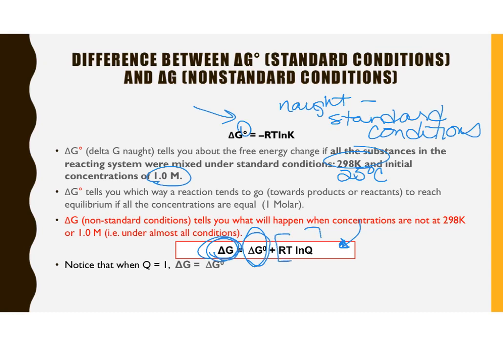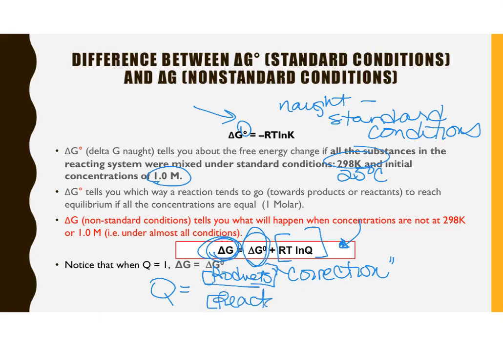So you can think of the RT log Q as a correction factor for the non-standard conditions. Remember what Q is. Q is called the reaction quotient, but it's the same formula as K. So that's products over reactants. But the difference is that to calculate Q, it's any point in the reaction. It doesn't have to be at equilibrium.